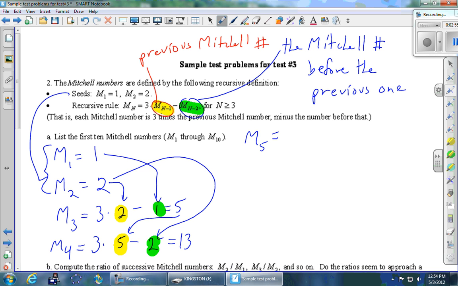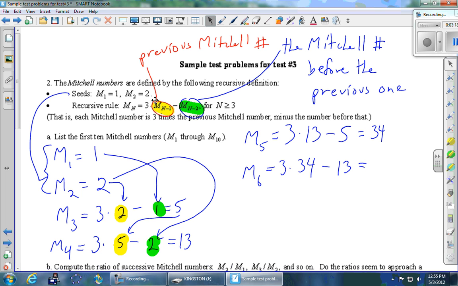And M5. 3 times the previous number, the one we just got is 13. Subtract the one before the 13, that's 5. So that's 39 minus 5 is 34. M6, 3 times the previous, 3 times 34. Subtract the one before that.